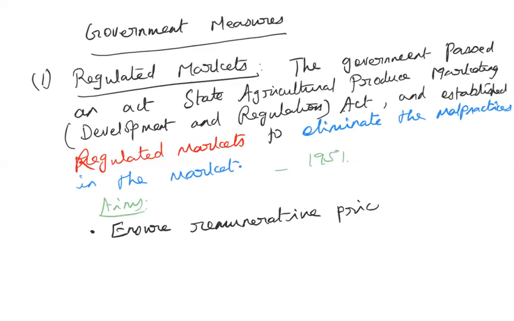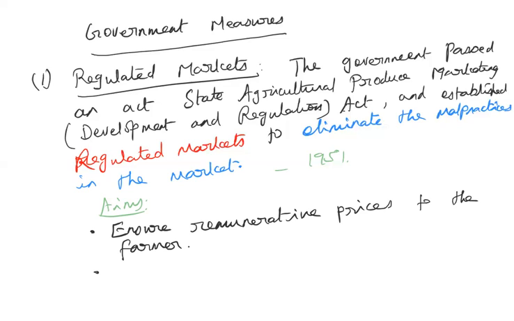So these regulated markets ensure remunerative prices to the farmer. There will be a notice board in the regulated market mentioning the prevailing price for that particular commodity on that particular day. So the farmer will be aware of the current market price, and fair prices are assured for the farmers.